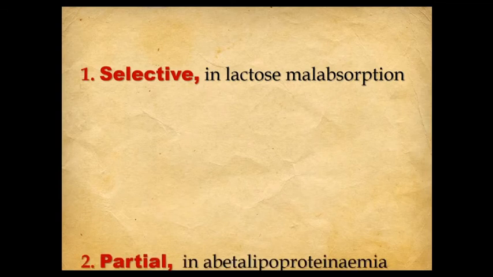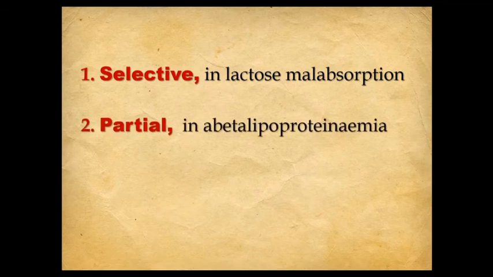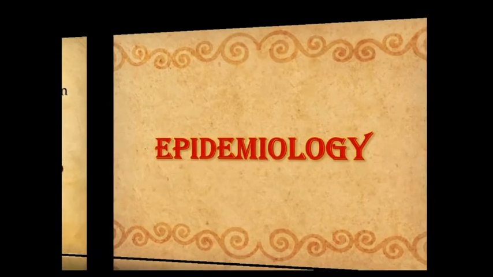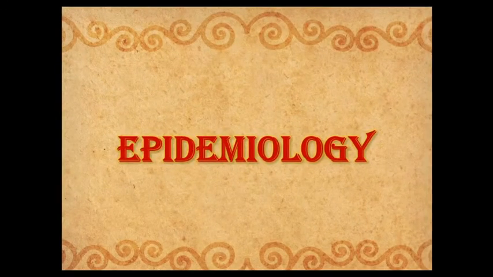Or it could be partial, like in abetalipoproteinemia, or it could be total, as in exceptional cases of celiac disease, and we will know why there will be a total malabsorption in celiac disease. So it could be selective, partial, or total.